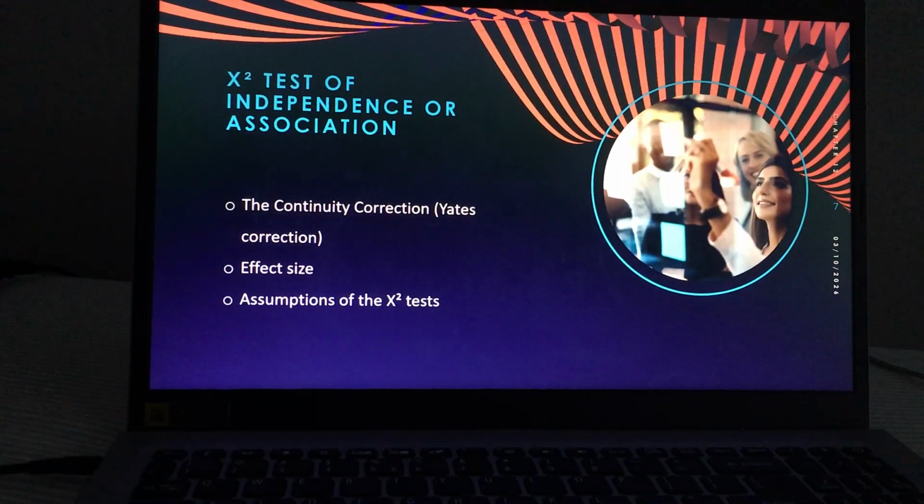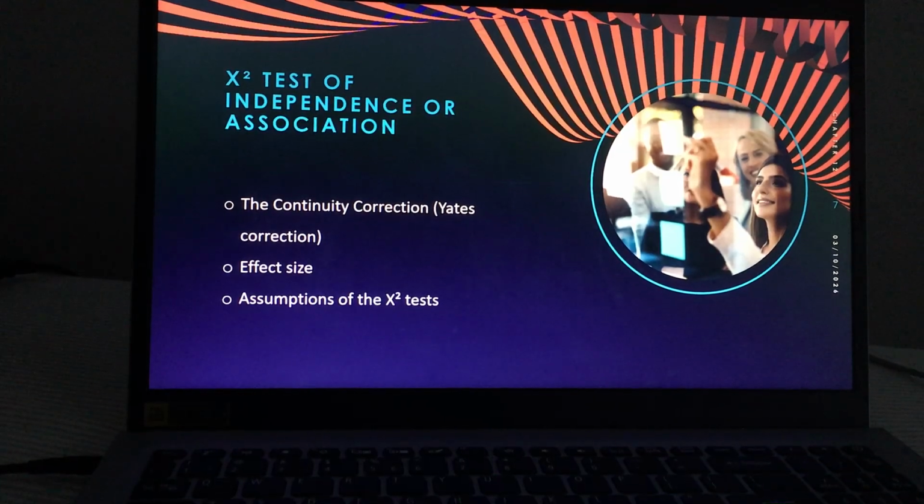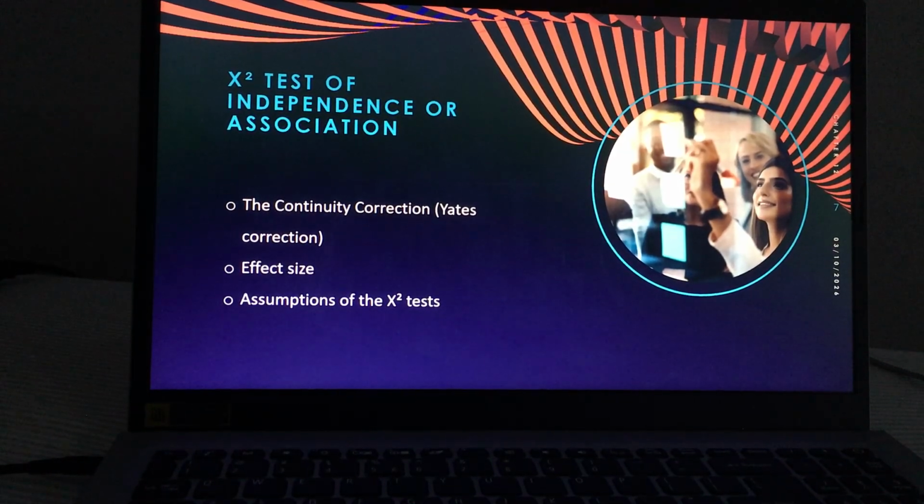For the chi-squared test that we discussed in this chapter, the assumptions are that there would be expected frequencies that are sufficiently large and that the data are independent of one another. So let's go into these a little bit further. We're at the bottom of page 17.